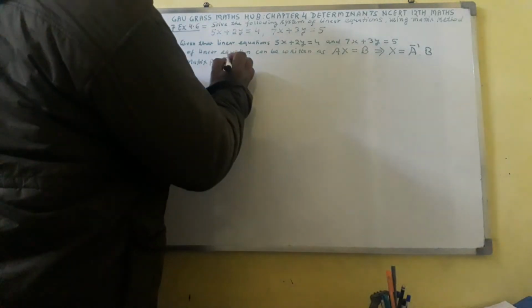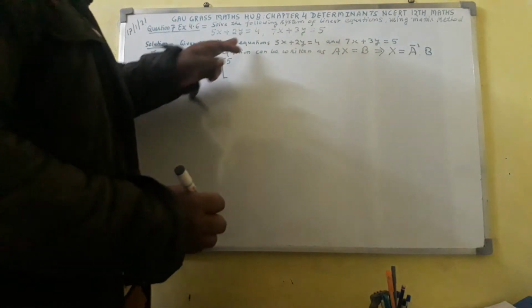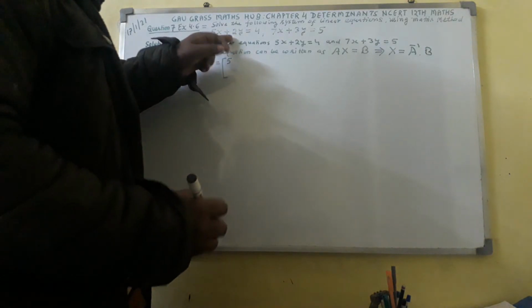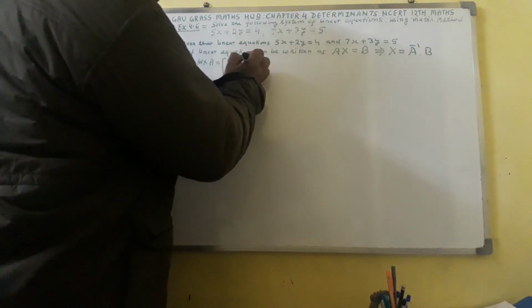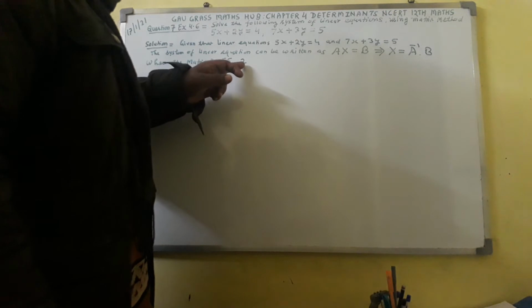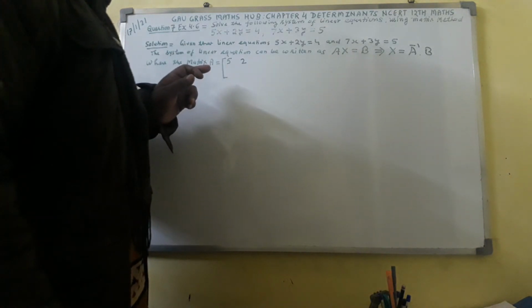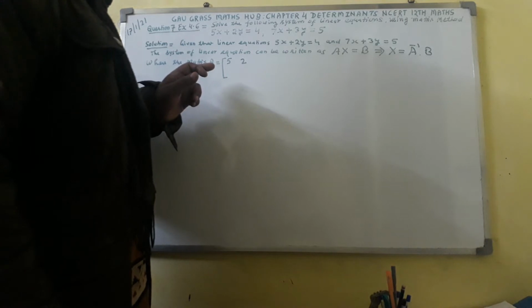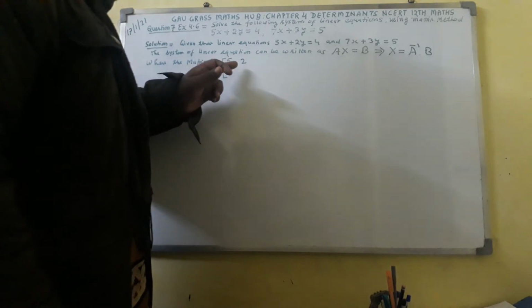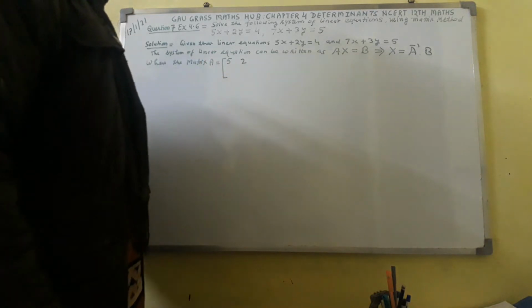So here write 5. Coefficient of y is 2. So here write 2. 5 and 2 will be placed in the first row of this matrix.